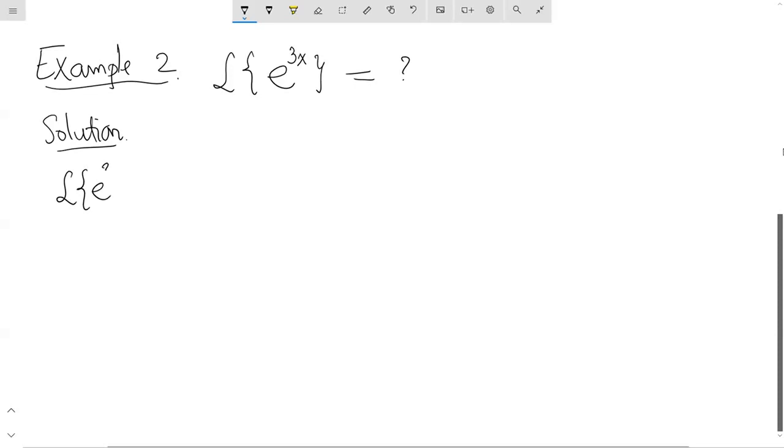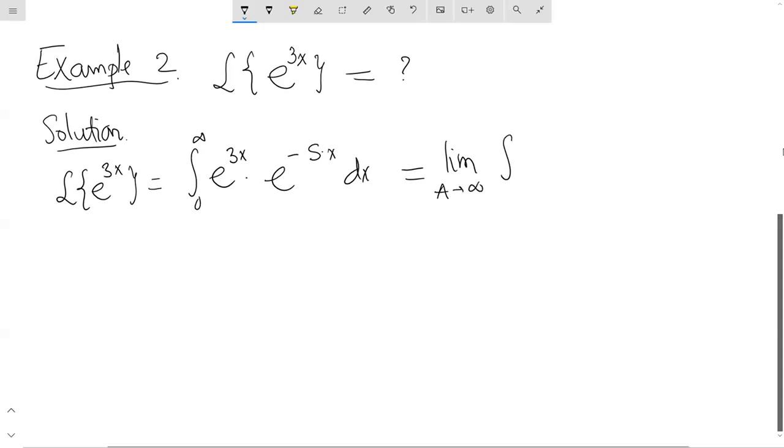Laplace transform of e to the 3x is the integral from 0 to infinity of e to the 3x times e to the minus sx dx. As before, this is the limit as a goes to infinity of the integral from 0 to a. And we should combine the two exponentials as well. We get e to the 3x minus sx dx.